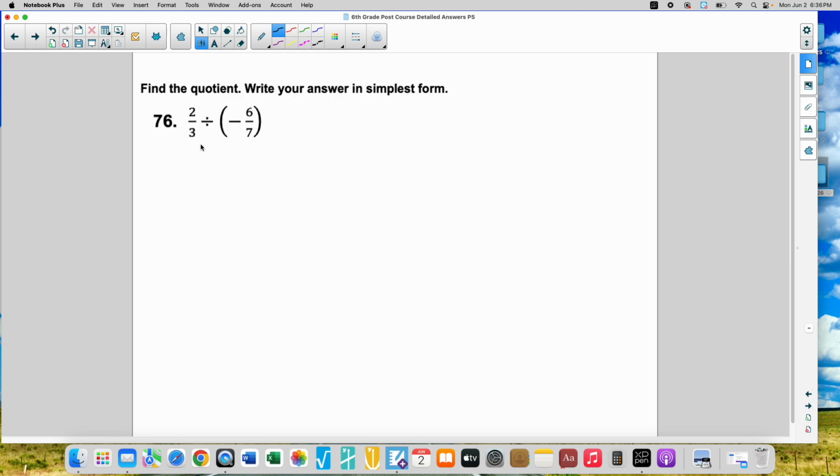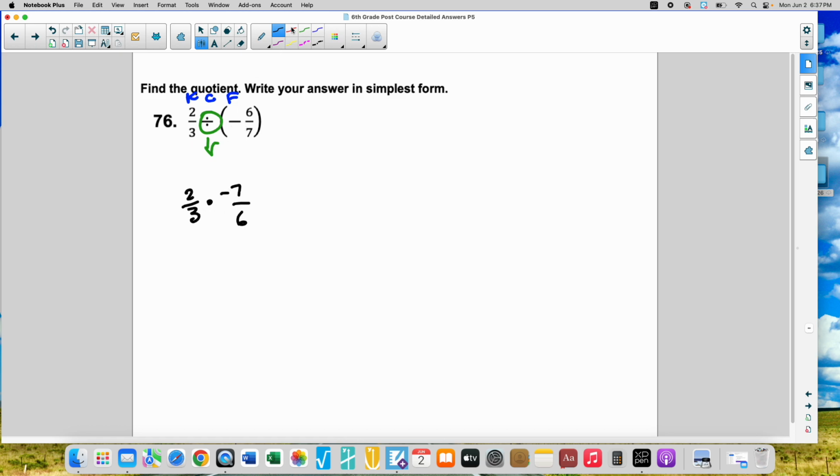Let's look at this quotient. So there is no division of fractions. We have to, so what Mrs. Poole says is keep the first fraction. You change from division to multiplication. You flip the fraction on the right. So we're going to keep 2/3. We're going to change division to multiplication, and we're going to flip, aka take the reciprocal of the right fraction.